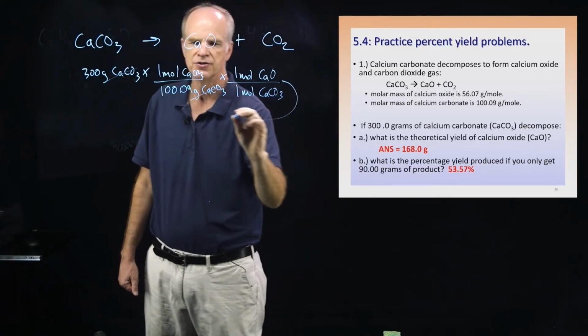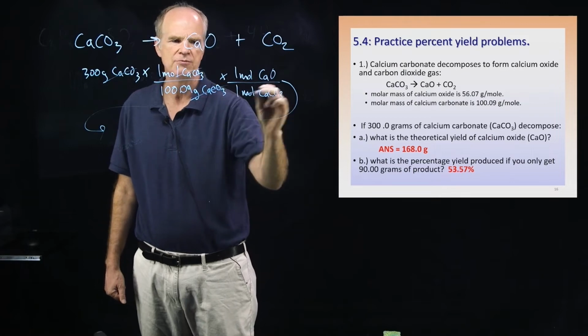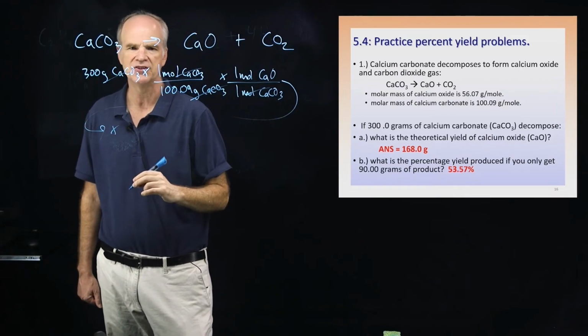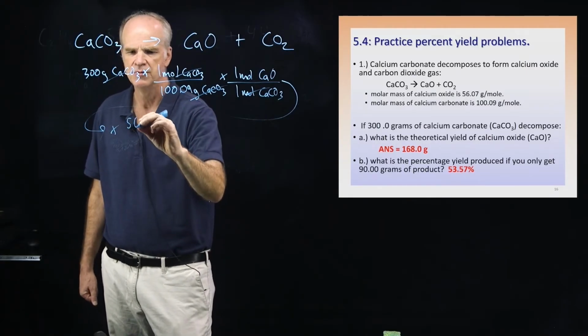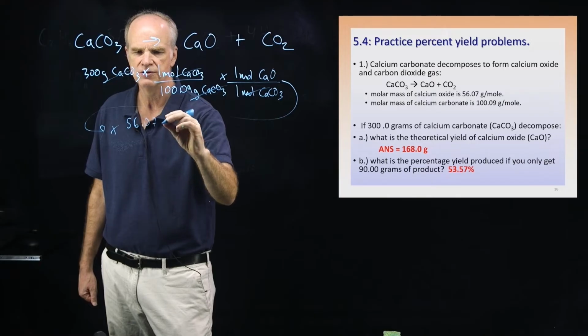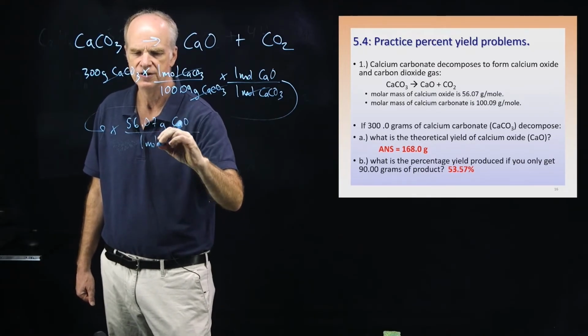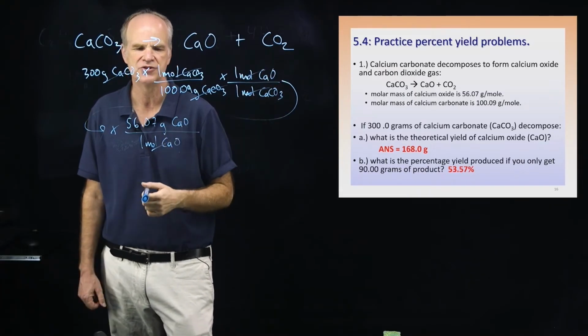Okay. So now at this point, we are at moles of calcium oxide. And so we have to convert that to grams of calcium oxide to figure out what the theoretical yield is. And so it's 56.07 grams of calcium oxide over 1 mole of calcium oxide. And so the moles of calcium oxide cancel, and we get an answer in grams.